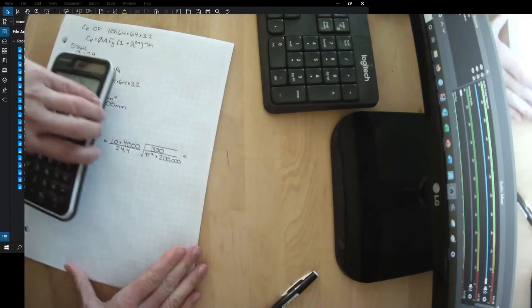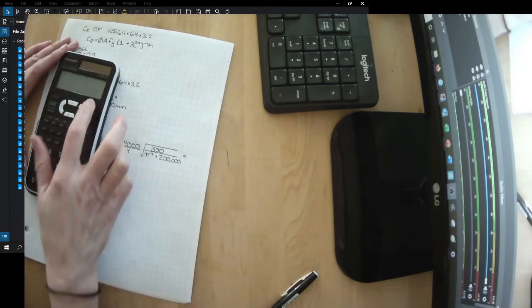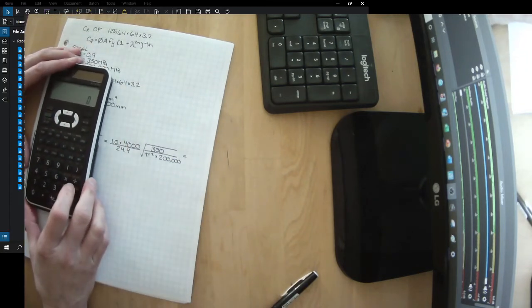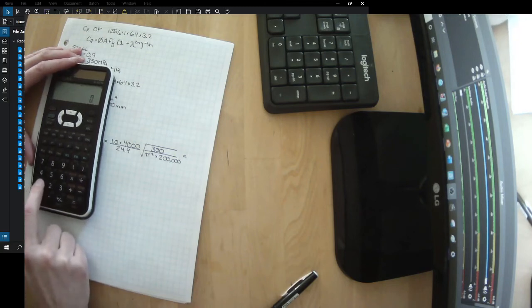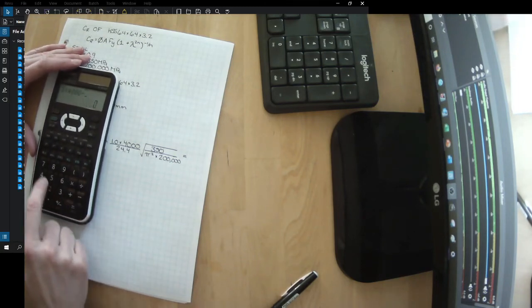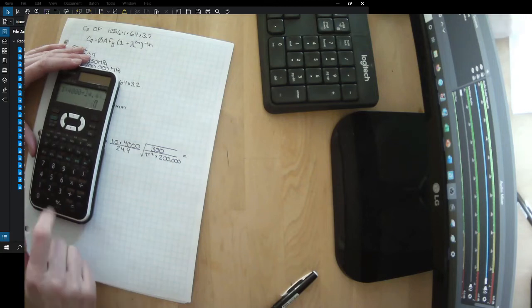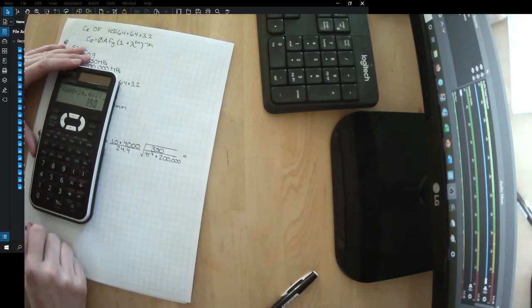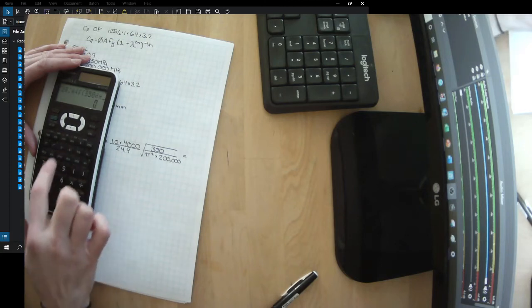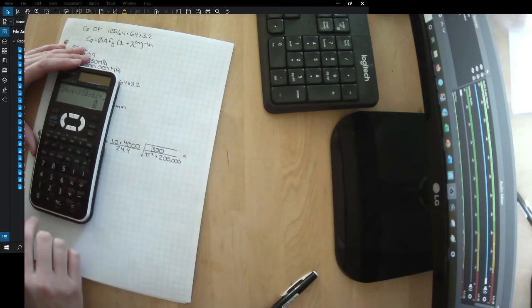All right, if you're bold, you can plug this all into your calculator, or you can do it in steps if you want. So we've got 1 times 4 meters divided by 24.4 times the square root of, and I'm going to put in brackets, 350 divided by pi squared divided by 200,000.